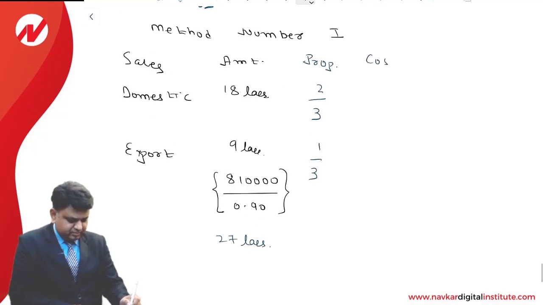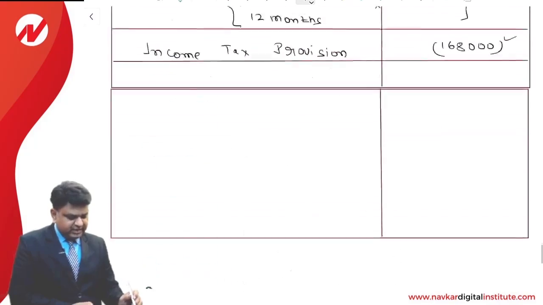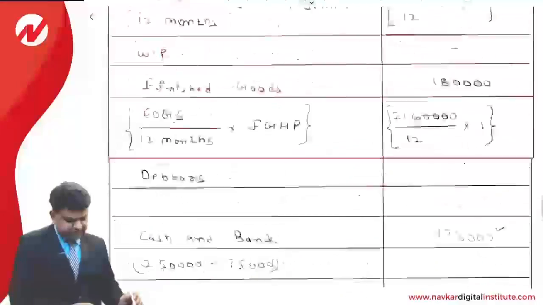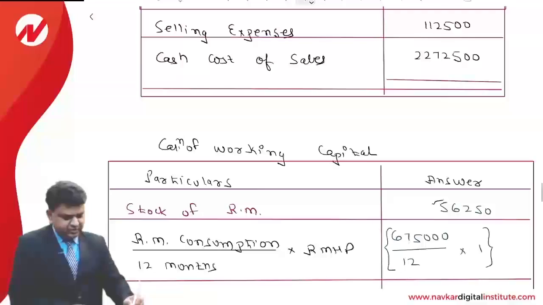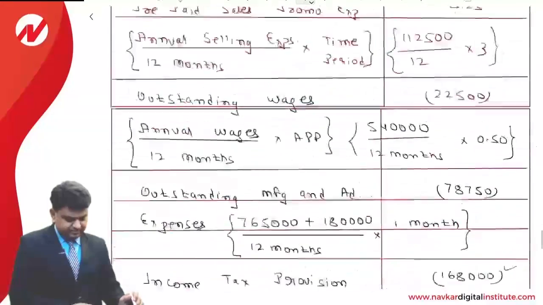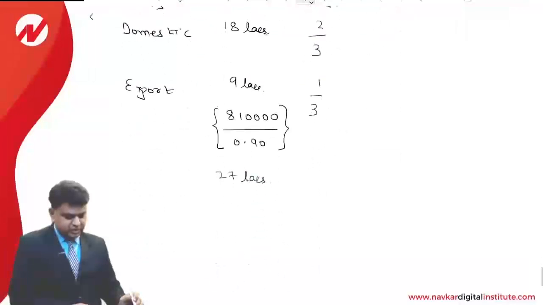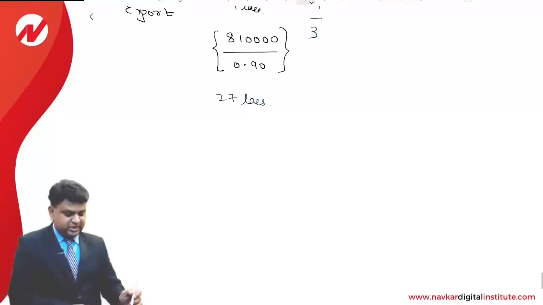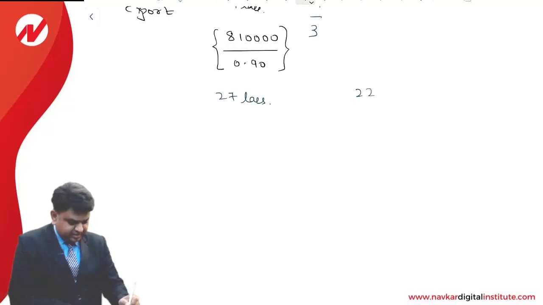Cost. We already have calculated the cash cost of the sales. It is an amount of 22,72,500. So this cost will be divided into this ratio. 22,72,500.